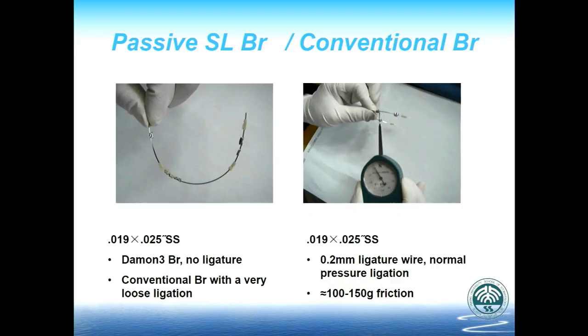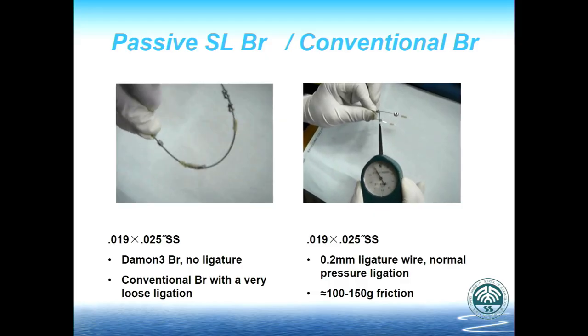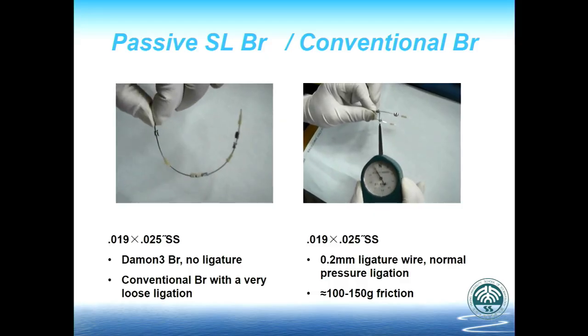And with passive self-ligating brackets, or brackets with very loose ligature, the friction between the archwire and the bracket slots is very low, extremely low. So you can see the brackets can slide very smoothly.